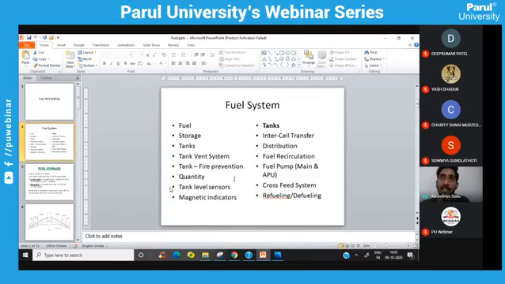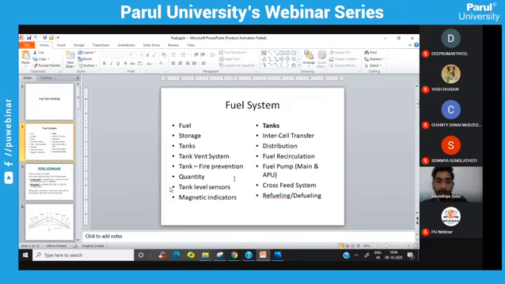For air to occupy that vacant space the fuel has created, you need a certain system. That's what we call the tank vent system.